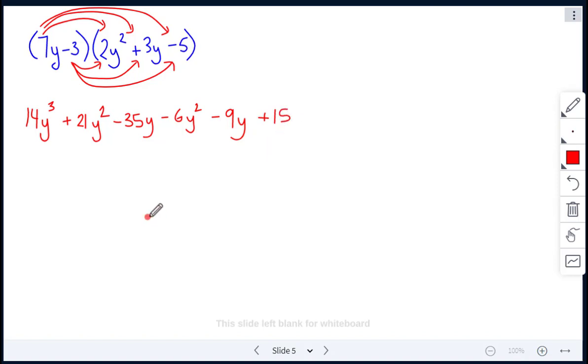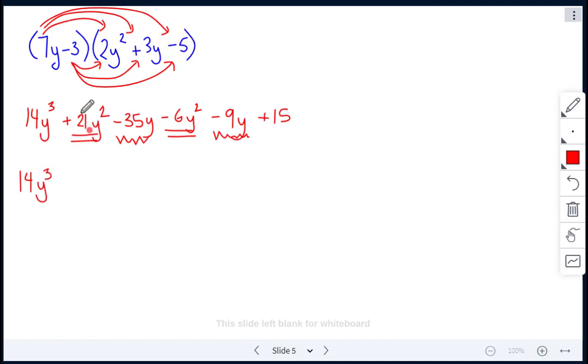All right, and now we get to collect our like terms. 14y cubed, there's no other like term for that one. We have 21y squared, and we have a negative 6y squared. And then we have the negative 35y, and the negative 9y that we can collect together.